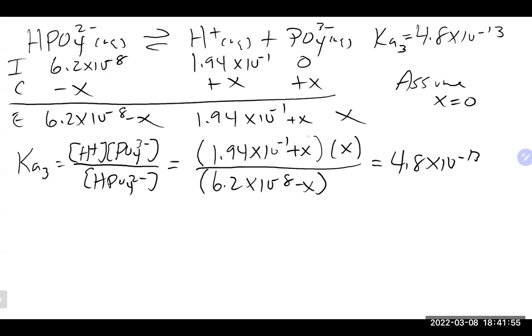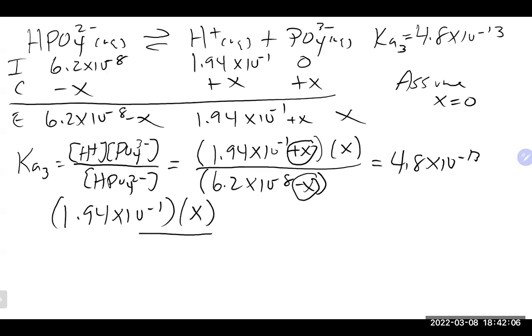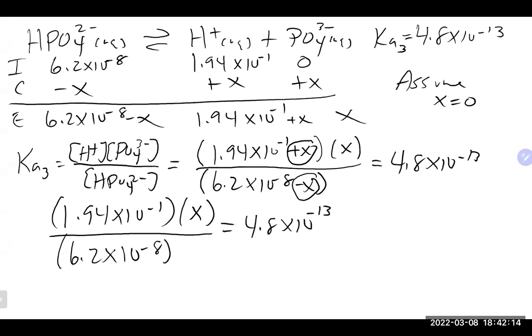That again is going to get rid of our x's up here and down here. That is going to get us 1.94 times 10 to the minus 1 times x up on top, divided by 6.2 times 10 to the minus 8 on the bottom, equals 4.8 times 10 to the minus 13. We're going to multiply the bottom to the other side and divide by what's on top there.